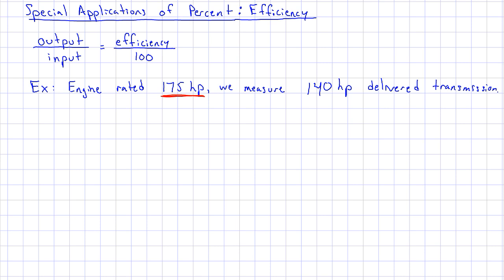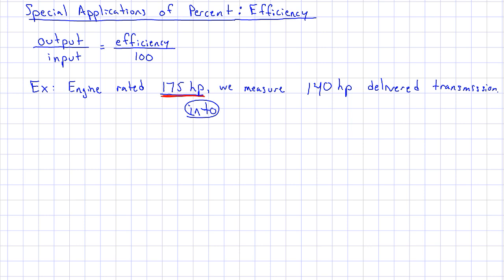This is what the engine is generating and sending into the system, the car system that moves your vehicle. Even though it's sometimes unclear, we're talking about a process of power being delivered from the engine to the transmission to move the vehicle. So this is actually the input. It's what's going into the process that we're discussing.